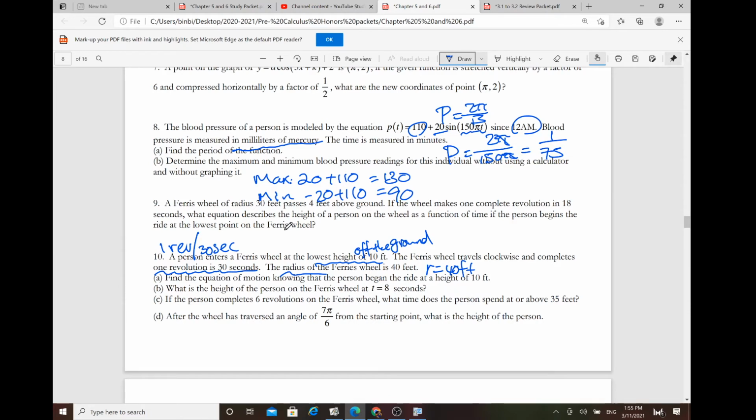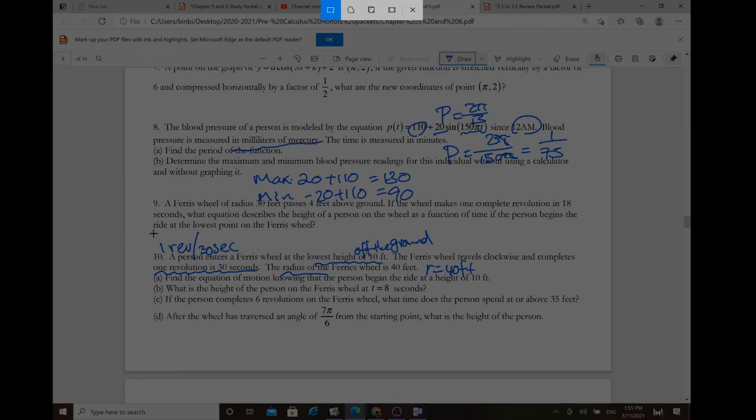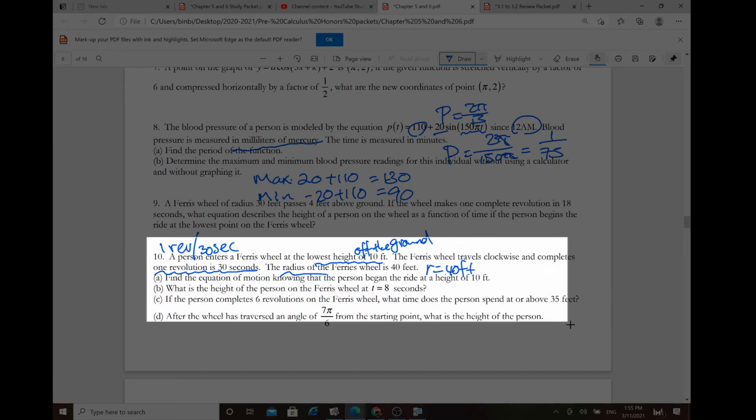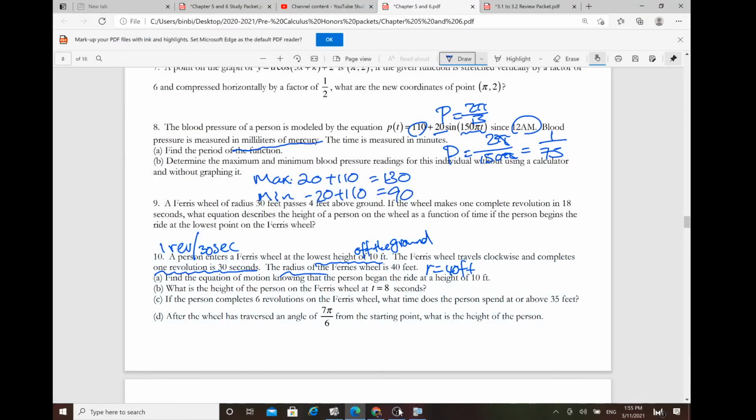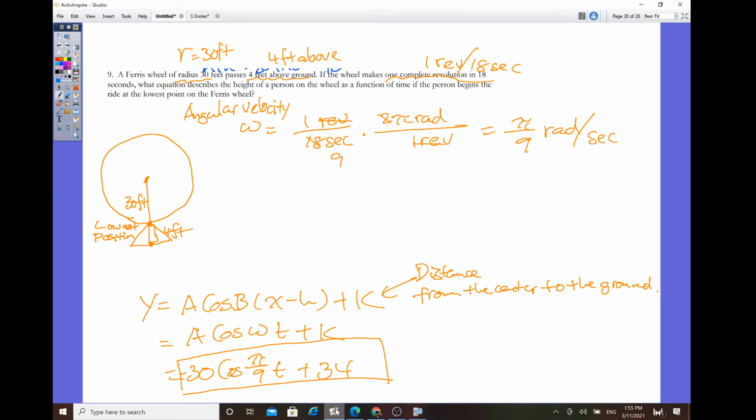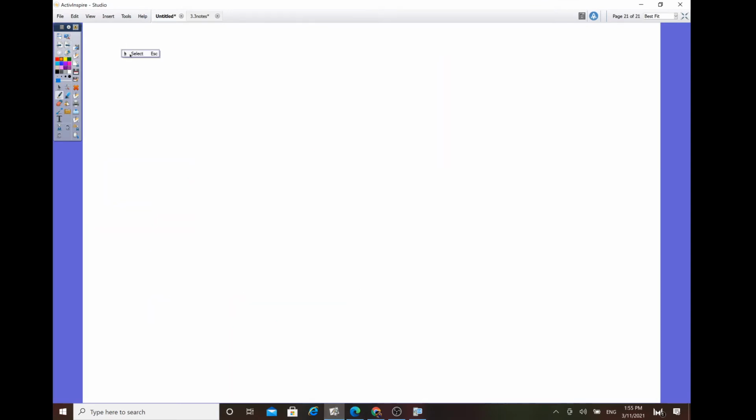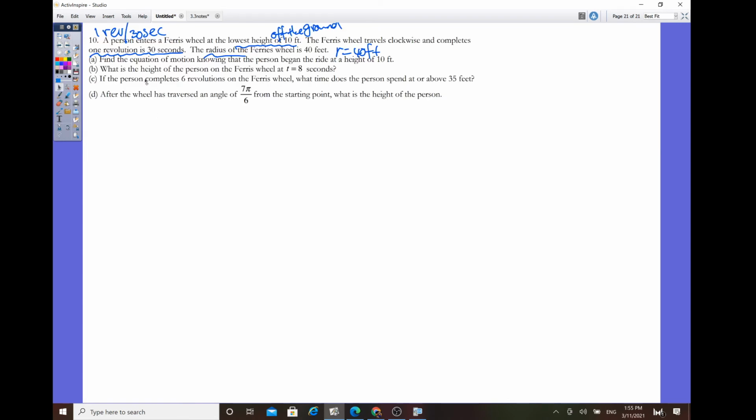Okay, so again, let me just snip this one. Okay, so all this, and then let's just take this one over here, ActivInspire. Okay, so here's what we got. 1 revolution for every 30 seconds, similar to the previous problem, like what we did for A. So step 1, find the angular velocity, w.